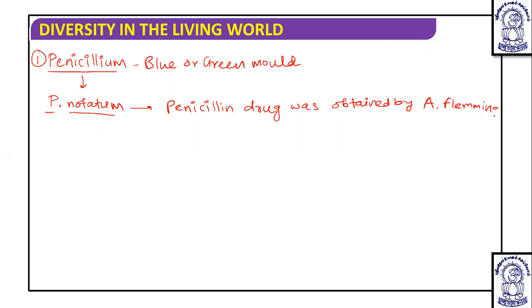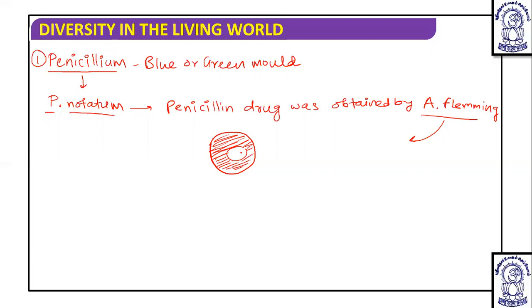Now, what did Alexander Fleming do? Alexander Fleming was working on a bacterial culture, and one day he forgot to wash the petri dish, and when he left, he saw that the whole petri dish was filled with bacteria.